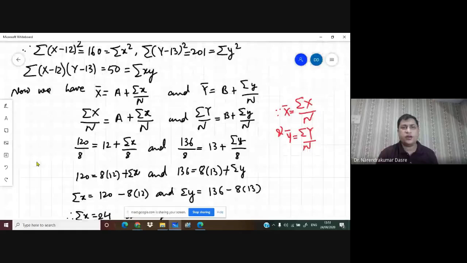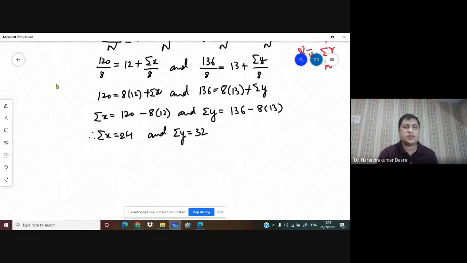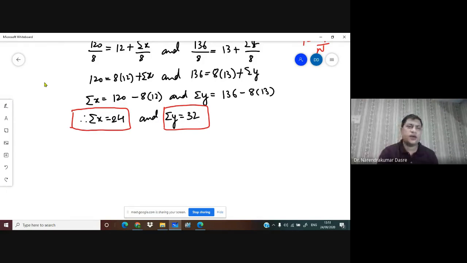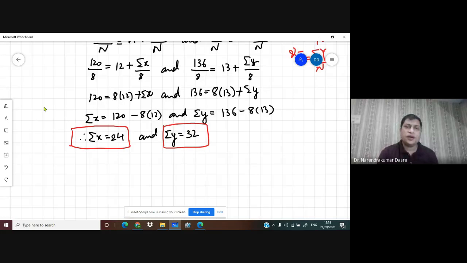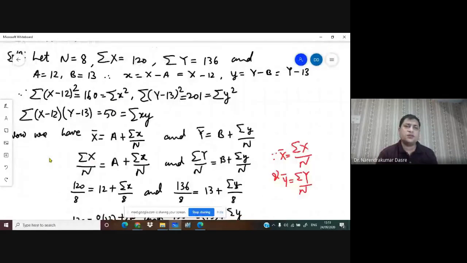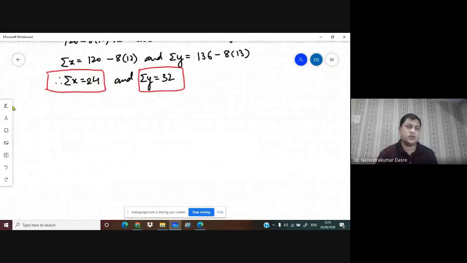Okay, so I got the value of summation x. I got the value of summation y. And we already know the value of summation xy, summation y square, summation x square, and so we are able to find the value of coefficient of correlation.